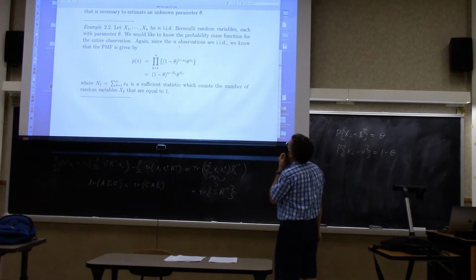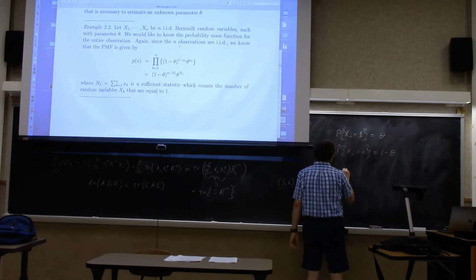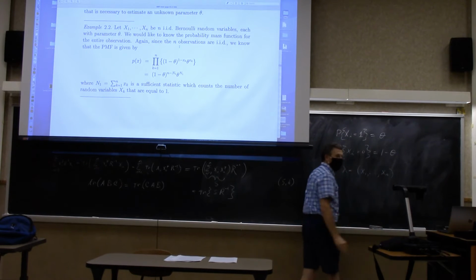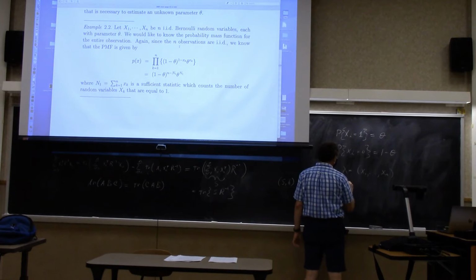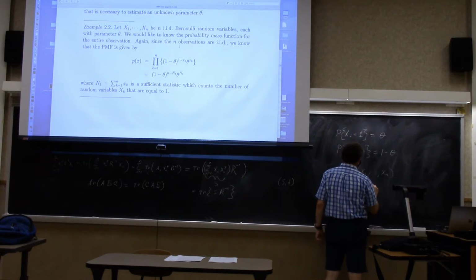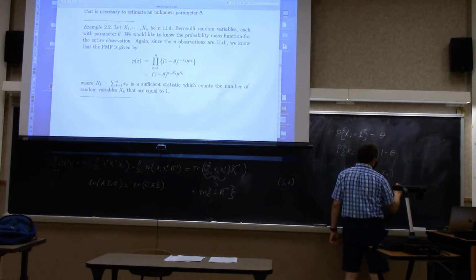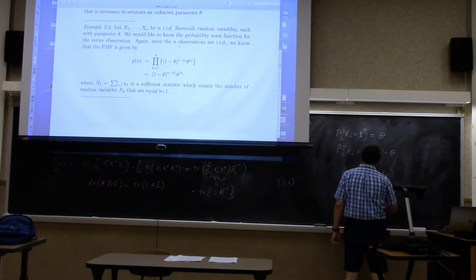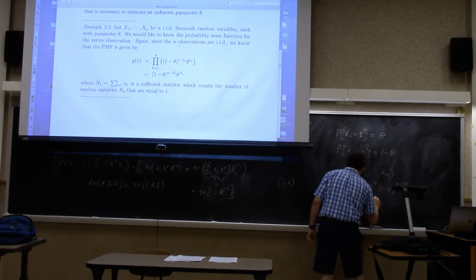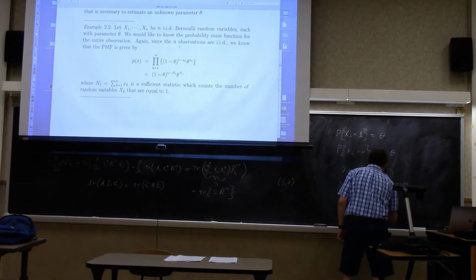And then you're asking yourself, well, if you observe a sequence, so you have x equal to x1 through xn, okay, then the probability of that sequence is going to be theta to the n times 1 minus theta to the little n minus n, where n is equal to the sum from i equals 1 to n of delta of xi equals 1.